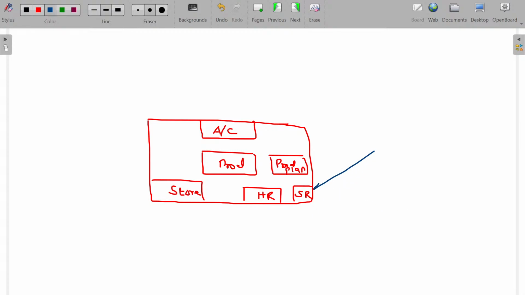Suppose customer A approaches, and showroom will accept what your requirements are. We need to manufacture 10 sets of tables and chairs. So then this showroom will take this order and state this as table and chair 100.